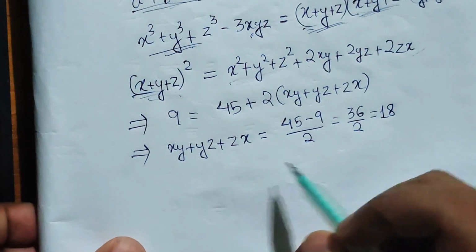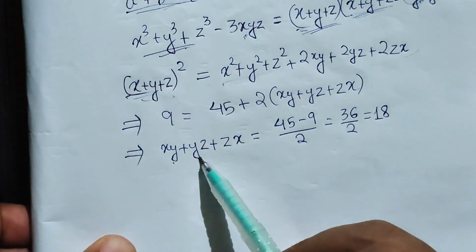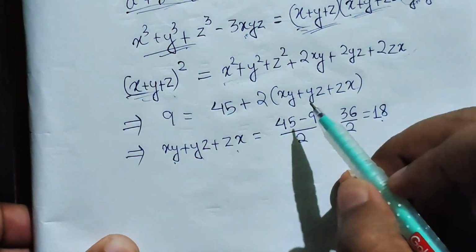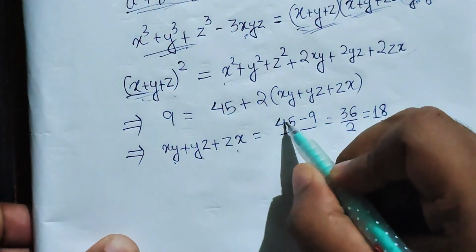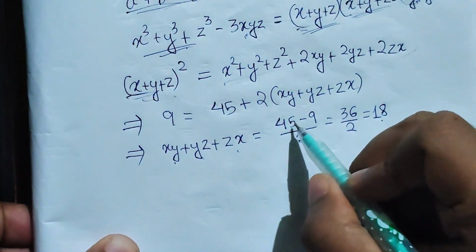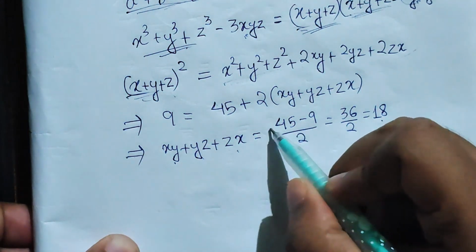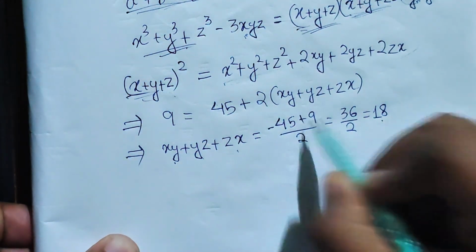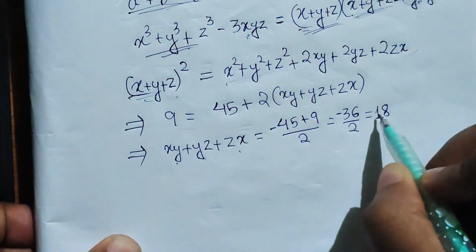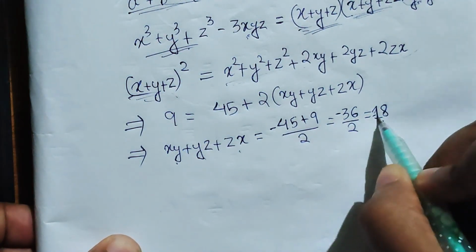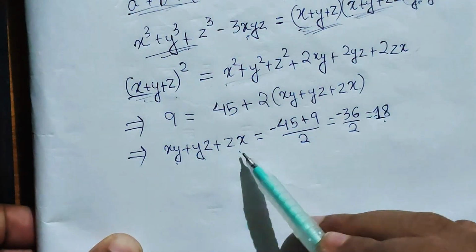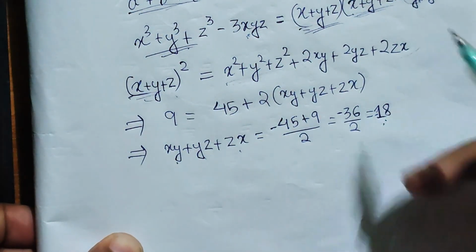So we got this value. This will be actually minus 18 because we have to take this to the right hand side. So it will be minus 45 plus 9, which is minus 36. It is minus 18. Okay. So xy plus yz plus zx is minus 18.